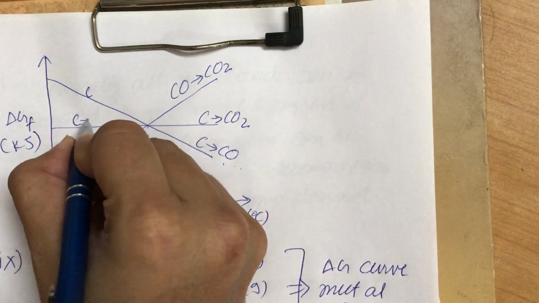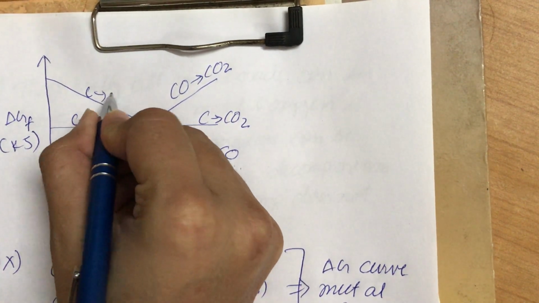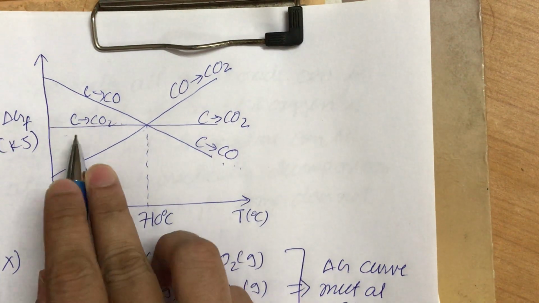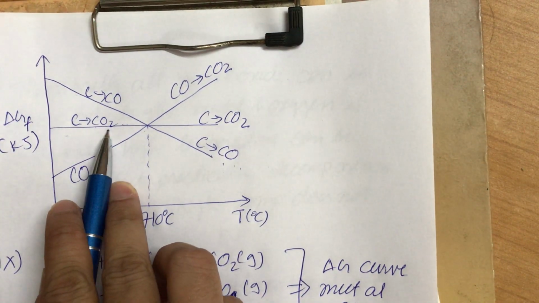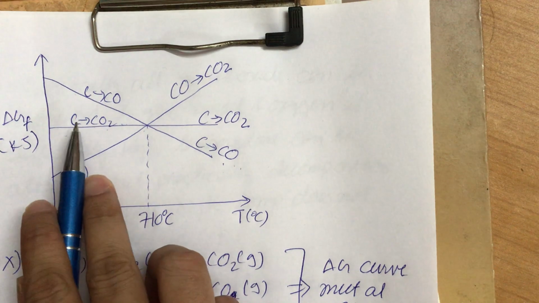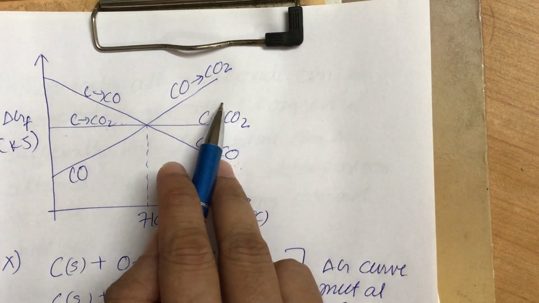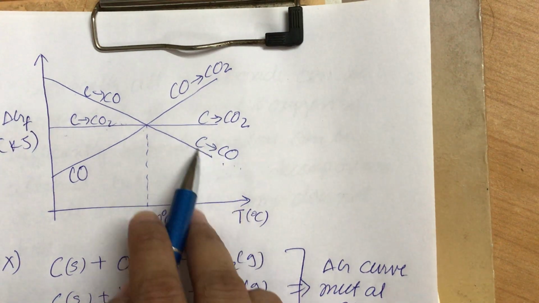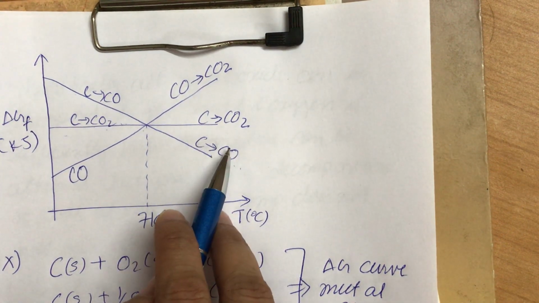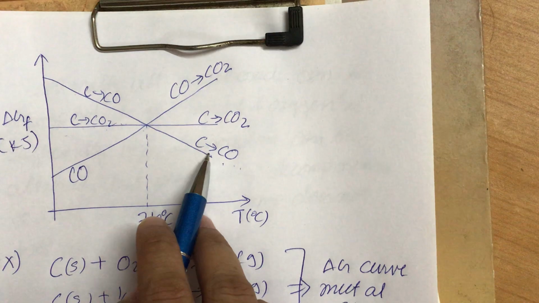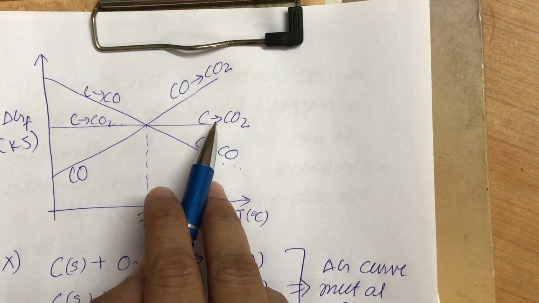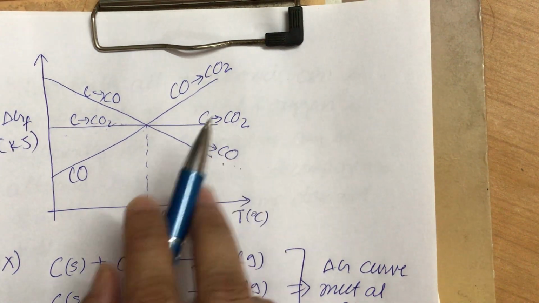Below 710 degrees Celsius, C giving CO2 has the lesser value of delta G, so this reaction would be preferred over the other. After 710 degrees Celsius, C giving CO has the lesser, more negative value of delta G, so this reaction would be preferred in comparison to C giving CO2.